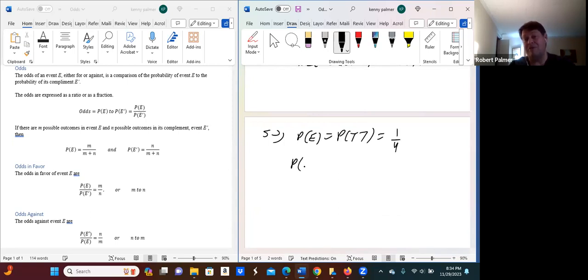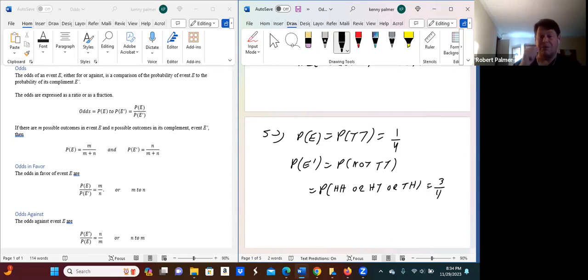And the probability of not getting that, everything else that can happen, you can say it's the probability of not tail then tail. Also, you can say the probability of getting two heads, or a head then a tail, or a tail then a head is equal to 3/4. Once again, if we add these probabilities together, they must give us 1. Remember, that's what it means to be a complement.